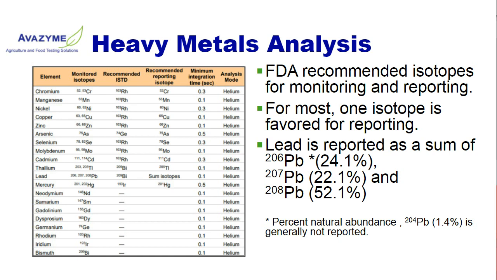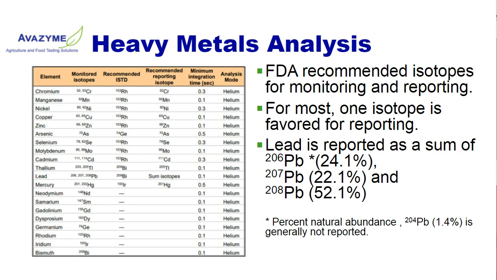So to make sure that we give the best data possible, we try to follow the FDA guidance on reporting and monitoring the different isotopes as listed here on this slide. For most of these, there's a single isotope monitored, but for some, there are multiple isotopes which are monitored, and one of them is reported.